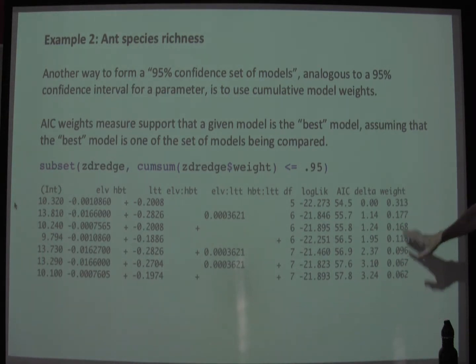It gives you a quantitative score measuring the amount of support, and the weights for all the models in the long list that were fitted sum to 1. So it behaves almost like a proportion.